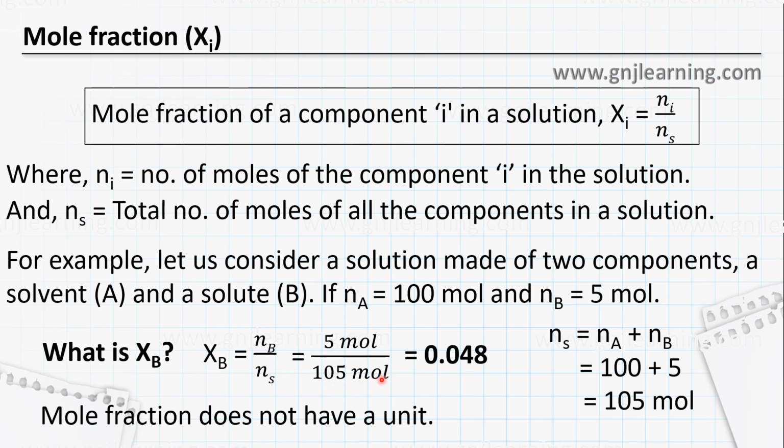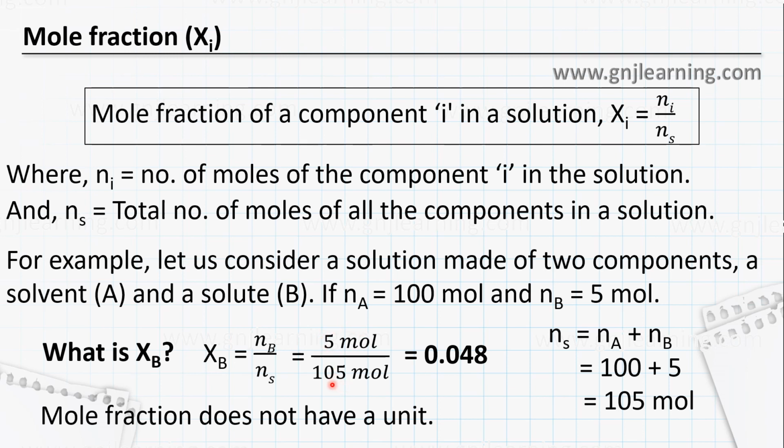So the denominator will always be a bigger value, and the numerator a smaller value. You are talking about the mole fraction of B, so you have 5 mole on top. If you're talking about the mole fraction of solvent A, the value will be Na, which is 100. That 100 is lower than 105.